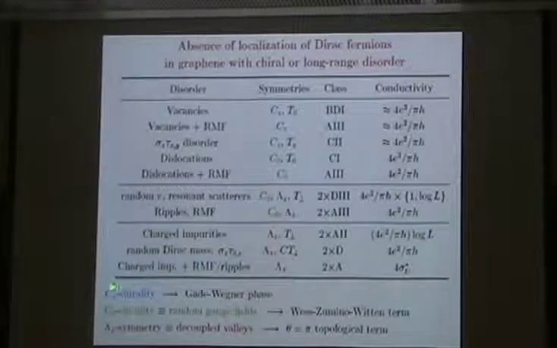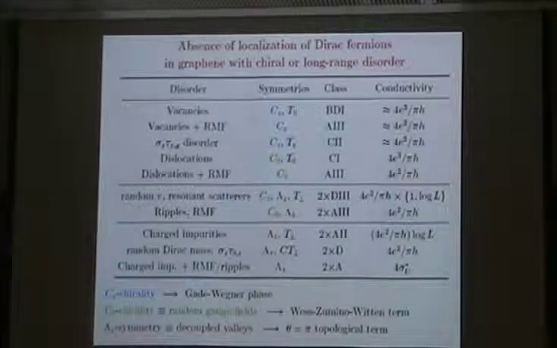So one is what we call chirality, and this is a situation. The simplest case of this: imagine you just have vacancies in graphene. Imagine you take randomly some sites out of graphene. Then this preserves the chiral symmetry of the Hamiltonian, and at the Dirac point, the particle hole symmetry is preserved.